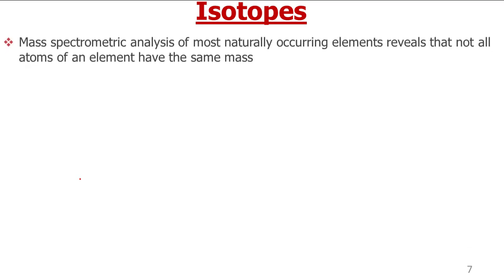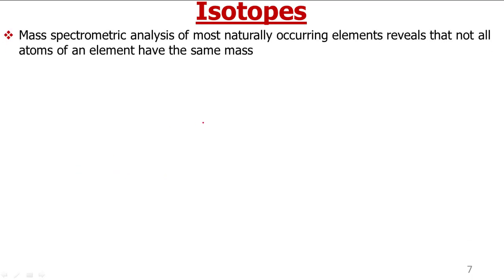Now the mass spectrometer has given us a very important observation: not all atoms of an element have the same mass. This was a very important observation derived from the mass spectrometer when the atomic masses of different elements were calculated.